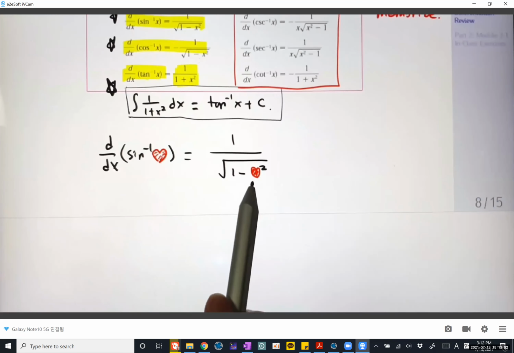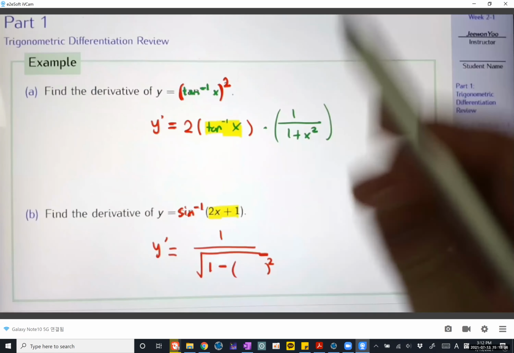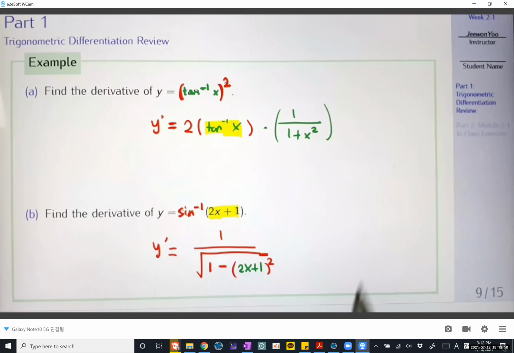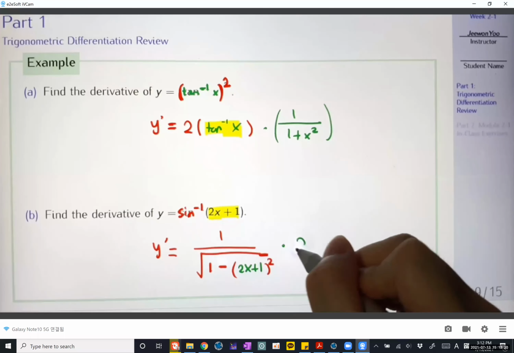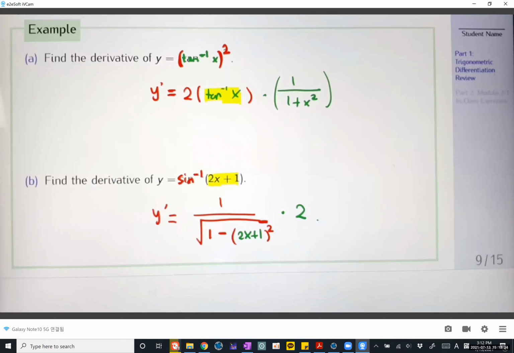So the inside, which is the heart, 2x plus 1, like this, everyone. And then please don't forget that you have to multiply that by the derivative of the inside. The derivative of the inside is just 2. Okay, there you go. This is the full solution to the derivative of the inverse trig functions.